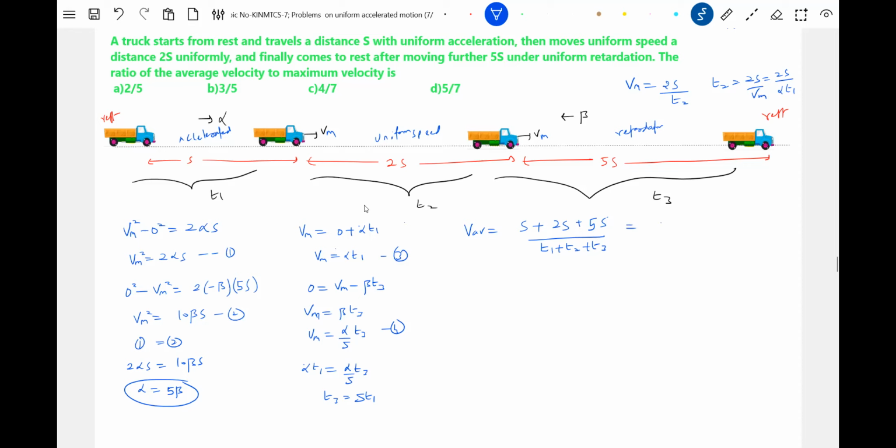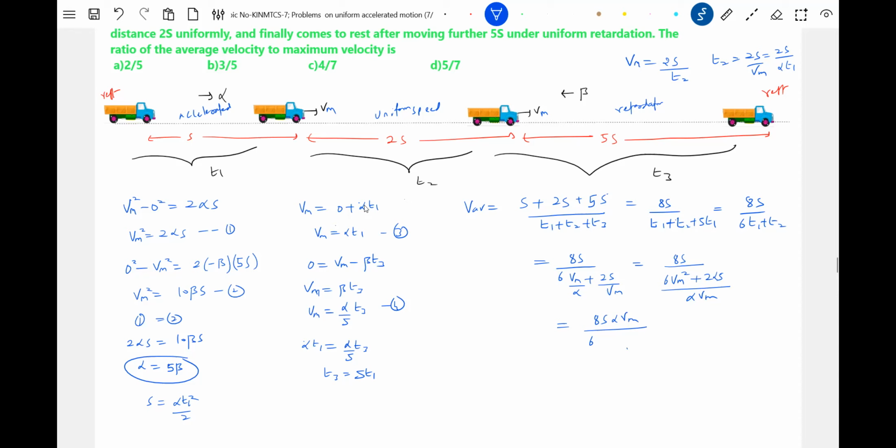So the total time becomes T1 plus T2 plus T3, with T3 equal to 5 T1. This will be 6 T1 plus T2, and the distance is 8s. Writing in terms of 2 alpha s, alpha s gets cancelled.